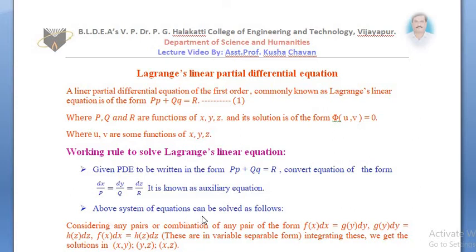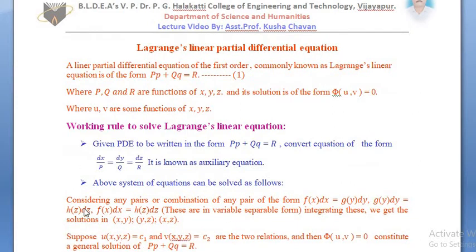The above system of equations can be solved as follows. Considering any pair, or combination of any pair, of the form f of x dx equal to g of y dy, g of y dy is equal to h of z dz, f of x dx is equal to h of z dz, these are in variable separable form.